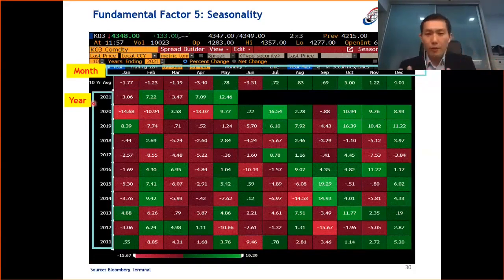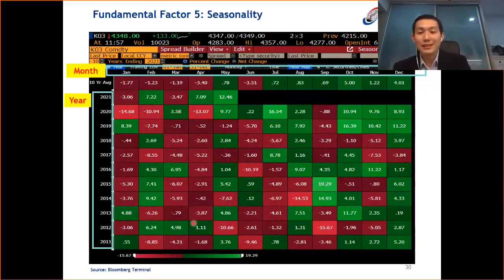From this diagram itself, probably you may have already realized there are some seasonal patterns in it, right? Let me highlight one or two things that are very important here. In each and every year, for January as well as April, most of the time they will have a red color.